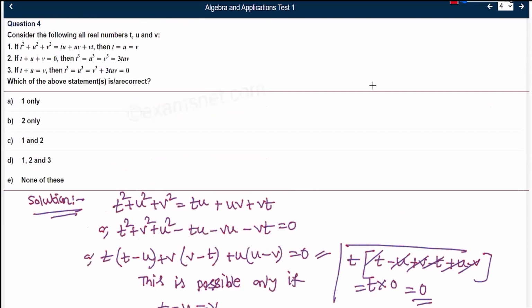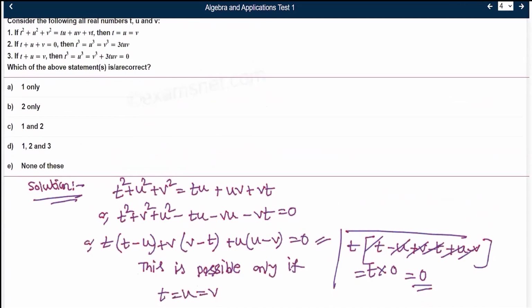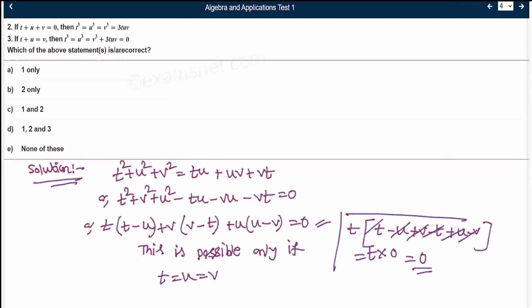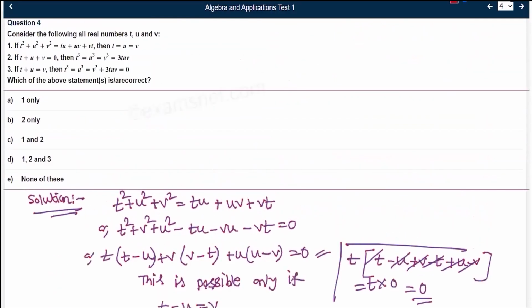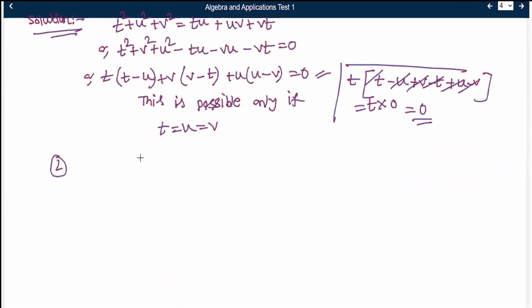Now we are going to check statement 2 and statement 3 as well. For statement 2, let's write it like t plus u plus v equals 0. It's given.